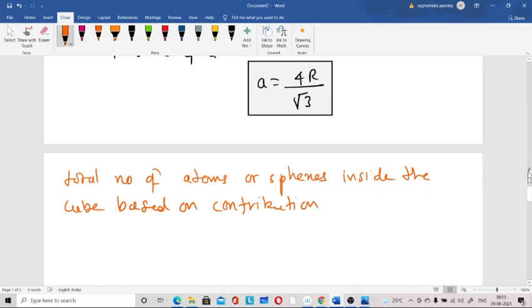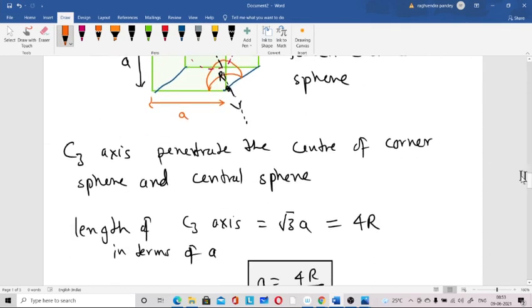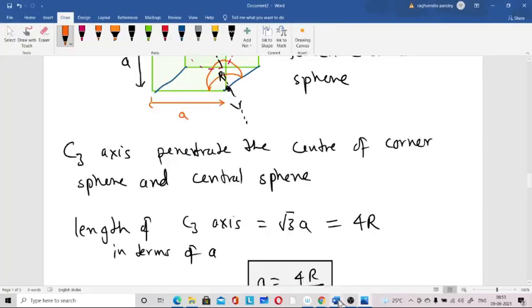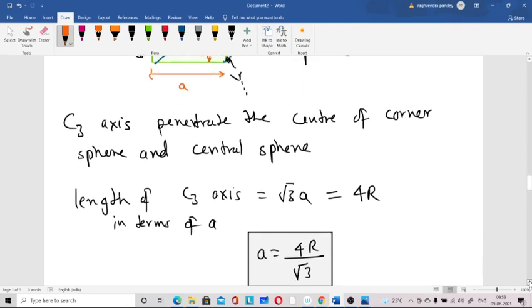Now there are 8 spheres at the corner, and their contribution is 1 by 8 each. So the corner spheres total 1. Plus the central sphere, which is entirely inside the cube, so its contribution is totally 1. So how many spheres? 2 spheres.